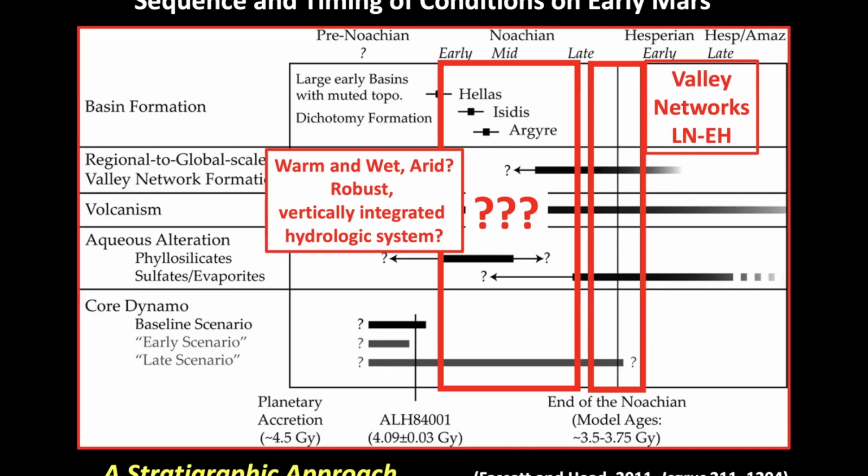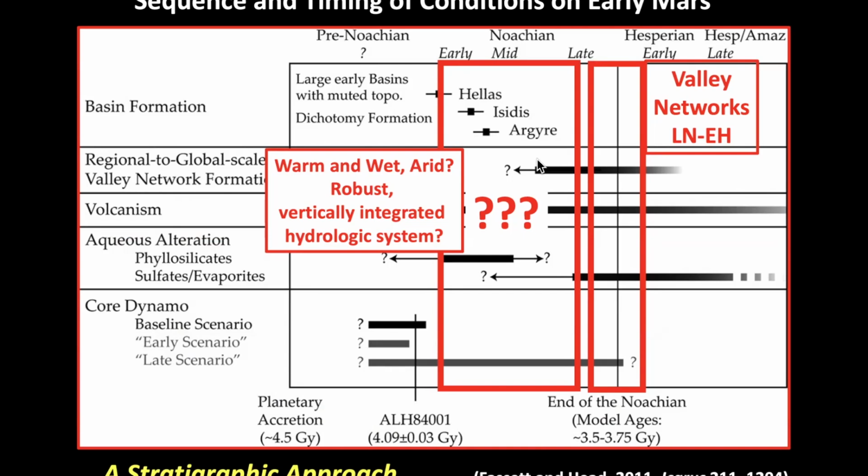Basically, the valley networks are separated in time into the late Noachian, early Hesperian, clustered around here from transient events, et cetera. And this raises the question, what's going on with all this activity and the essentially alteration to phyllosilicates and also the essentially degradation rates, which are extremely high back in this period here.